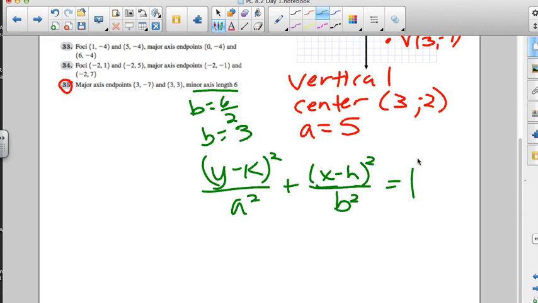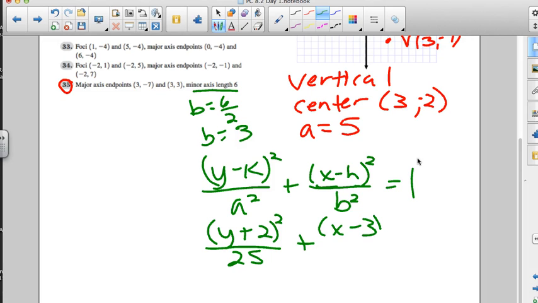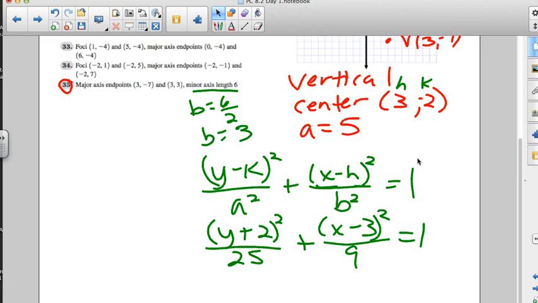So it'll be (y minus a -2), which is (y plus 2) squared over 5 squared, which is 25, plus (x minus 3) squared, don't forget it's always h, then k, over 3 squared, which is 9. So the graphing part again could just be a sketch. It doesn't have to be anything fancy as you go through it. But those are the 3 that you had asked for.